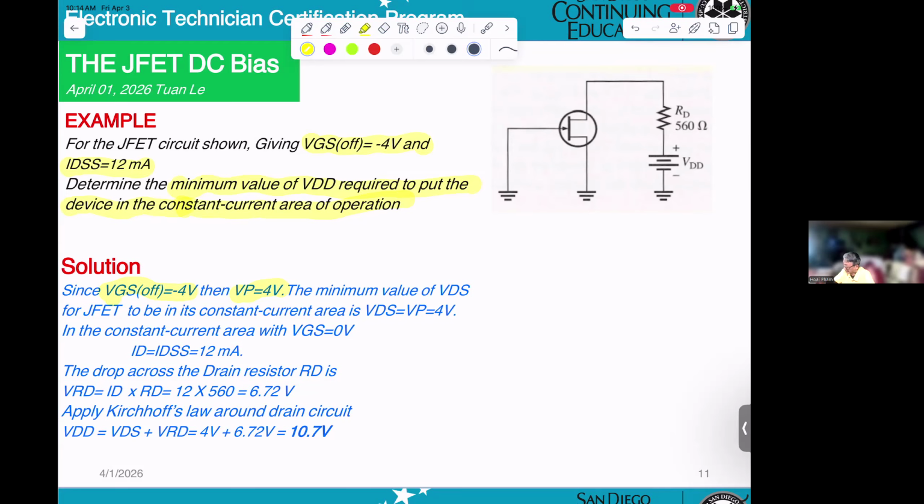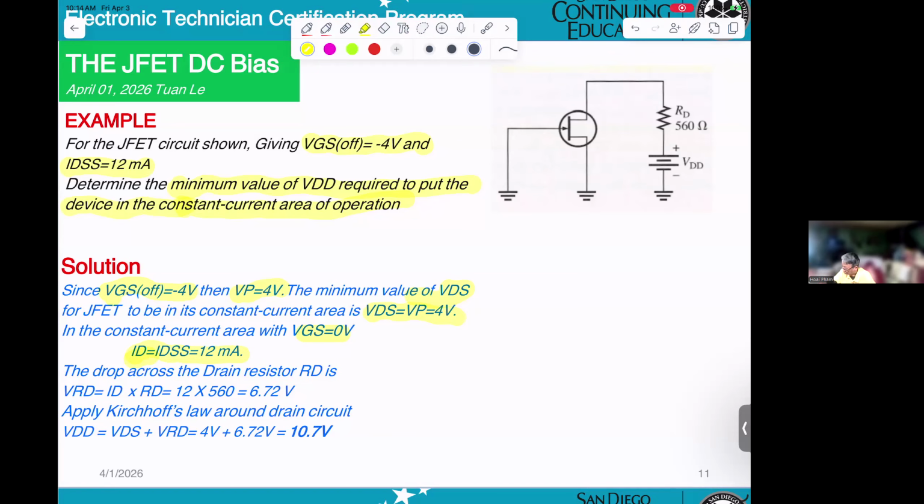The minimum value of VDS for the JFET to be in its constant current area means VDS equals VP. In the constant current area with VGS equal to 0, ID equals IDSS, which is 12 milliamps.